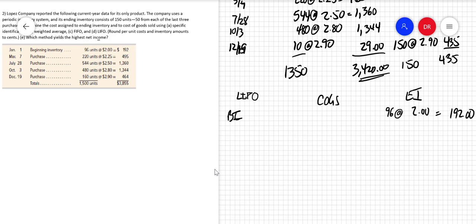And then this purchase here, 220, we're going to split it between cost of goods sold and ending inventory. So on March 7th, we have 54 of these units going into ending inventory because we need 150 in total. So 54 plus 96 is 150. 54 at $2.25 gives us a cost of $121.50.